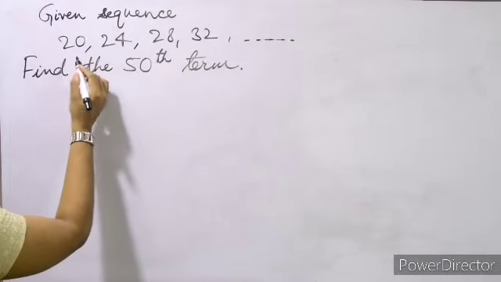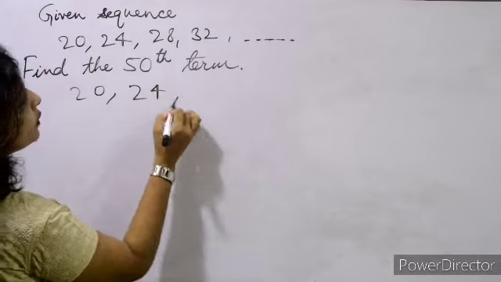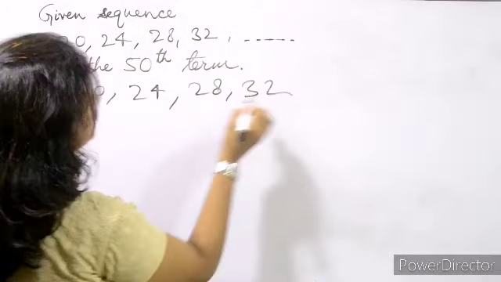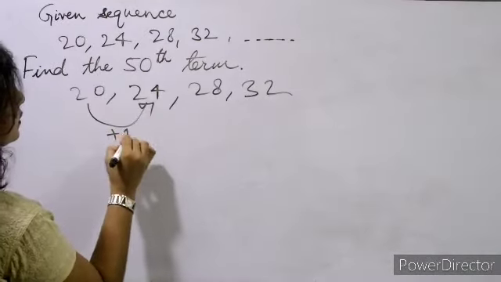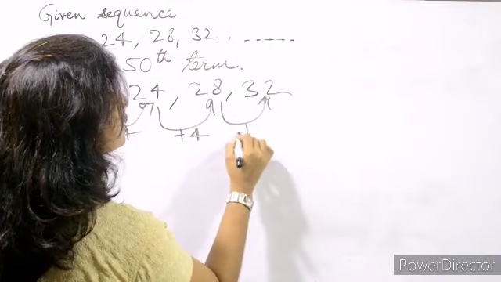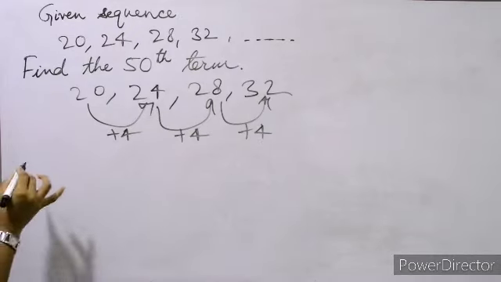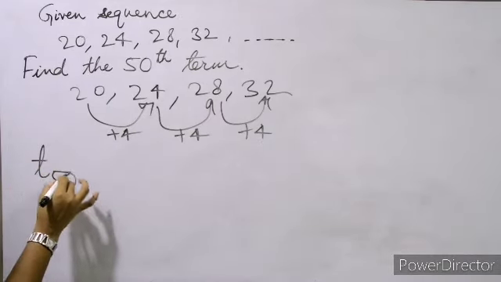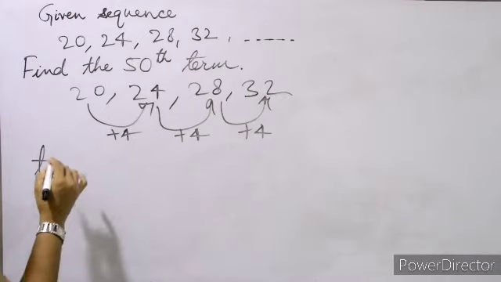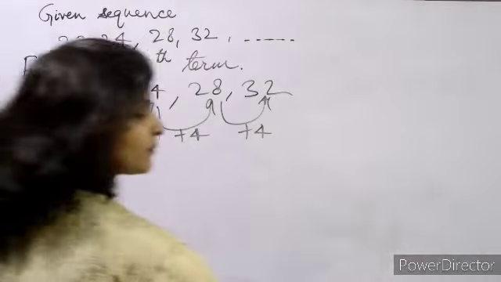Now this sequence is given and we have to find the 50th term. The sequence is 20, 24, 28 and 32. So plus 4, again plus 4, again plus 4. The difference stays plus 4. Now we have to find T50.